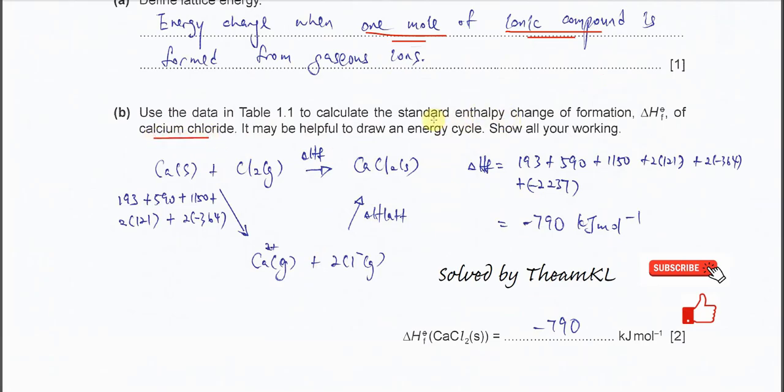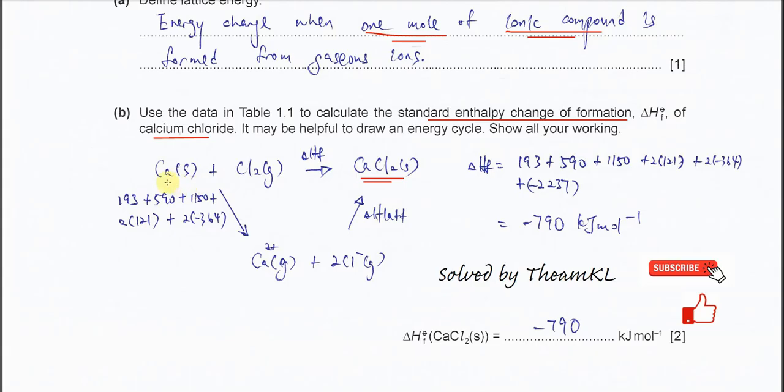So this question is to calculate the standard enthalpy change of formation of calcium chloride. The starting point is important. You must know where to start. Most of you should recall what you learned in AS, the enthalpy change of formation. For the enthalpy change of formation, we know that it must be 1 mole of compound formed, in this case calcium chloride, from its elements.